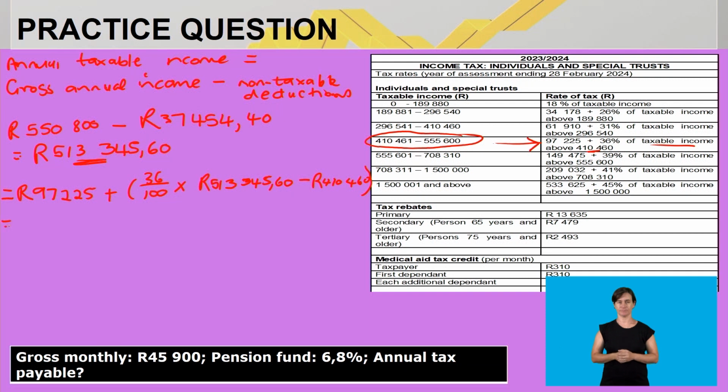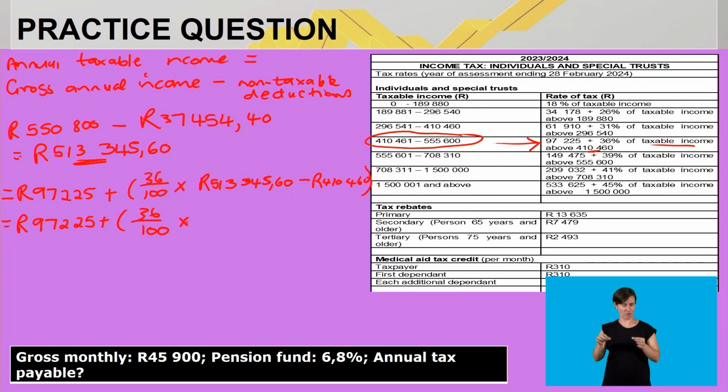Okay, so I'm going to indicate it's 97,000. We keep our basic tax. I'm first going to simplify these values here in brackets. So I will say 513,345 rand and 60 cents minus the 410,460 rand. Remember I still need to calculate 36% of the value here.